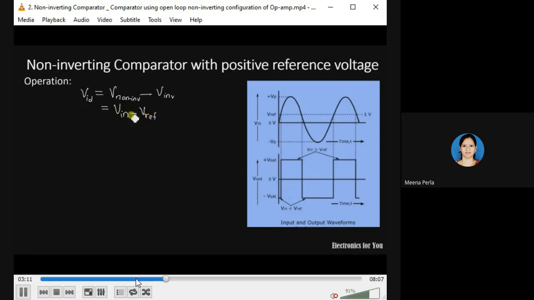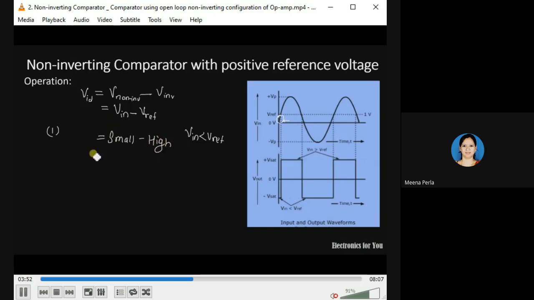If you see this waveform, this is the waveform for your input voltage. When we draw a line for V reference, at this point you can see the input voltage is less than the V reference voltage. So V input will be smaller and V reference is higher.